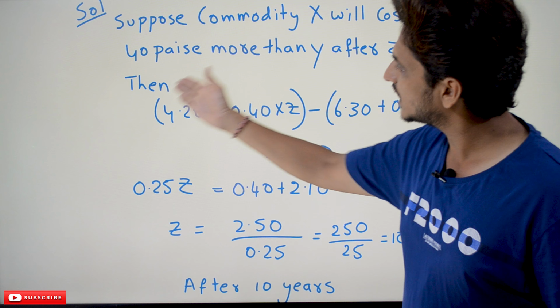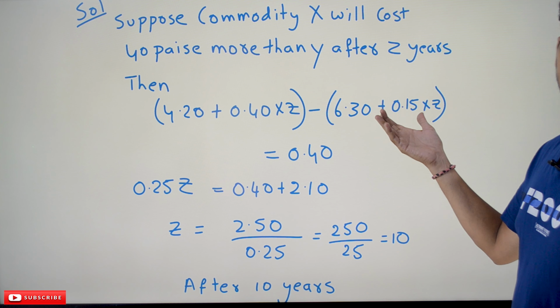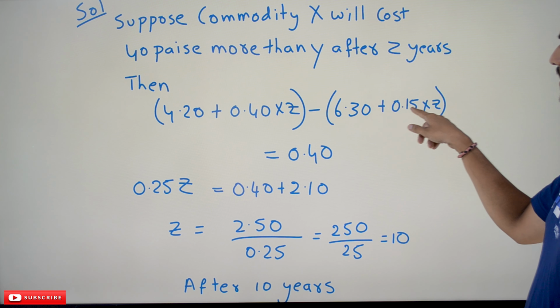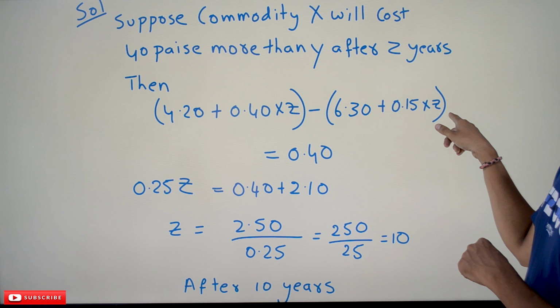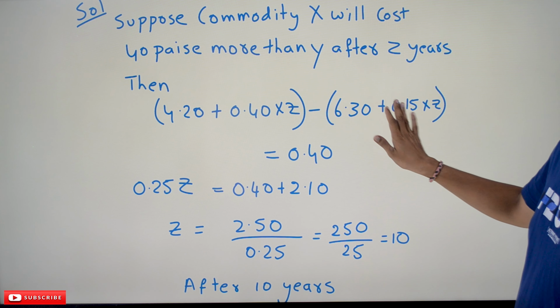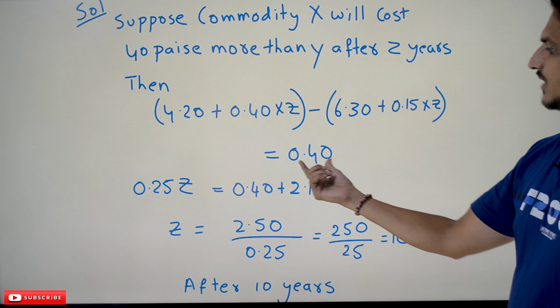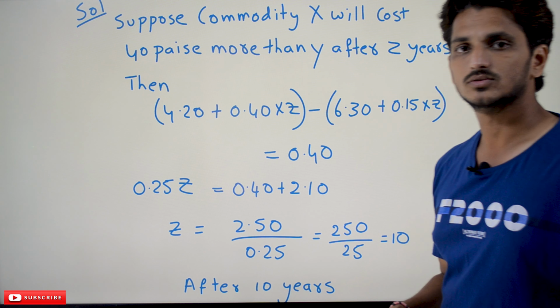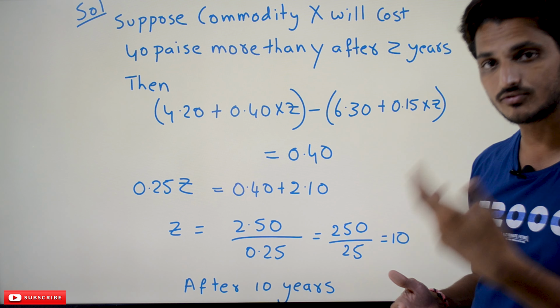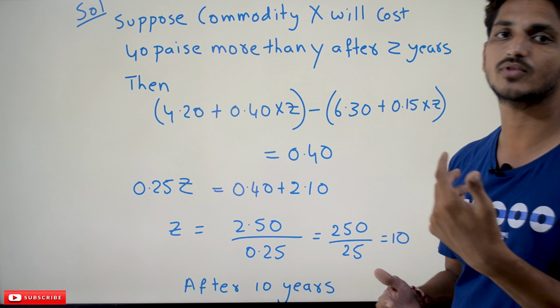This is the total amount of X after Z years, minus the total amount of Y after Z years, 6 rupees 30 paise plus 15 paise multiplied by Z. If you subtract the two, you have to get 0.40, means 40 paise. So you need to understand addition and subtraction of decimal fractions. That's why in our previous classes we discussed those examples.